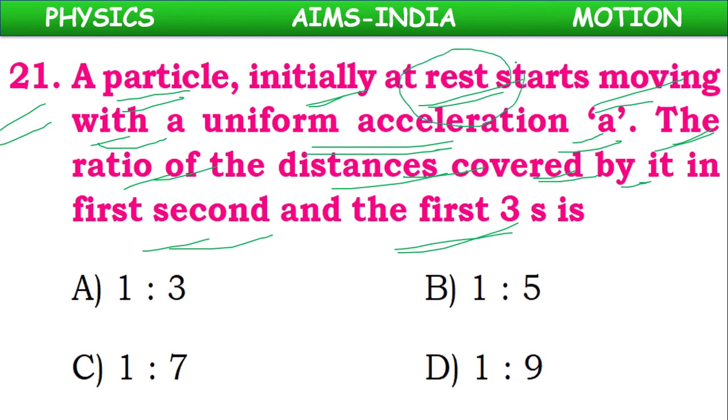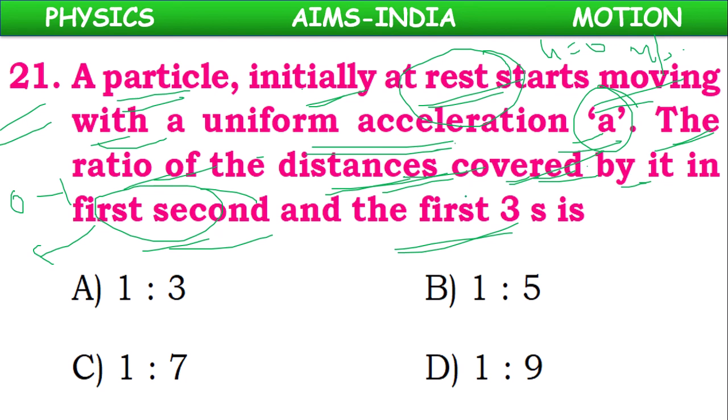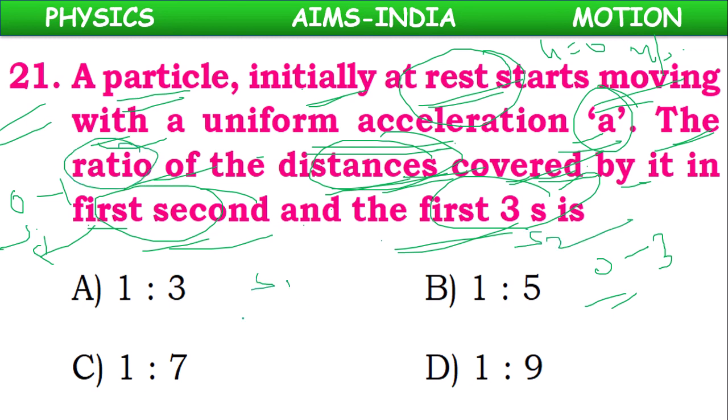The particle is initially at rest, so the initial velocity is 0 meter per second, moving with uniform acceleration A. The first second means between 0 to 1, and the first 3 seconds means between 0 to 3 seconds. In these two time intervals it covers some distances, let them be S1 and S2. We want to find the ratio S1 is to S2.